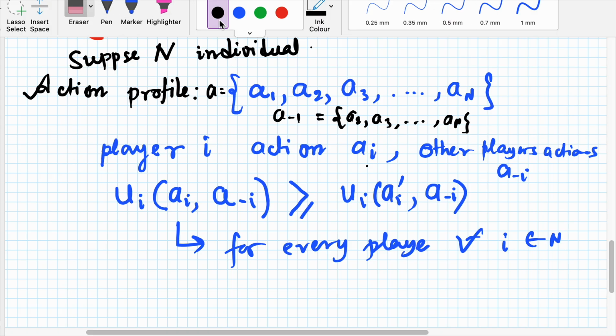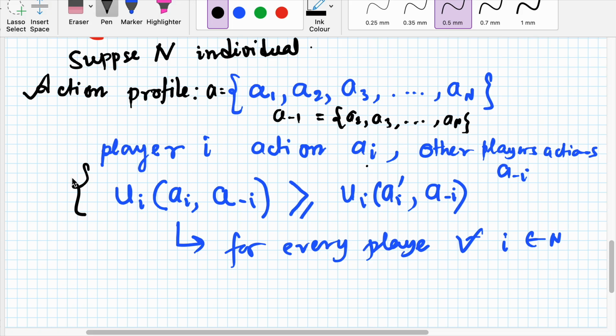That means we are asking, is there any action profile such that everyone's utility is maximum, in the sense that if player i plays action ai, then by shifting her choice from ai to ai prime, there will be no other action that gives player i as much payoff as ai yields.